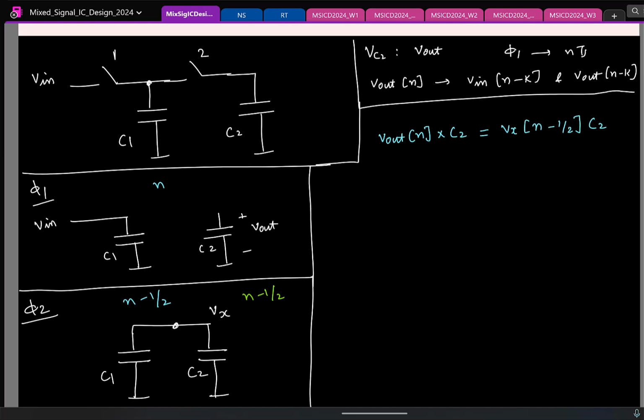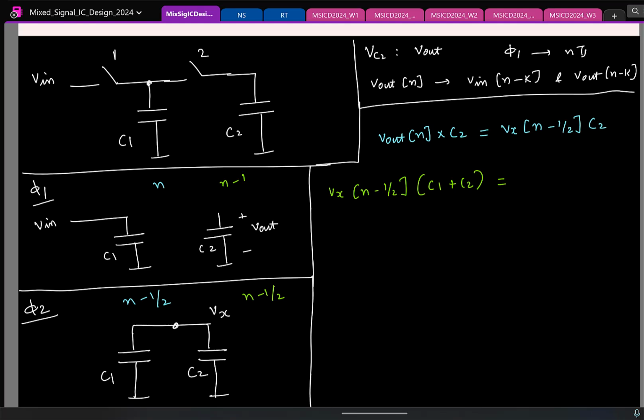What is the charge? Vx of n minus half, remember, times C1 plus C2. Okay? This should be equal to the charge stored on the same plates in the previous clock phase. If the current clock phase I am looking at is n minus half, what will be the previous clock phase? n minus 1. Okay?